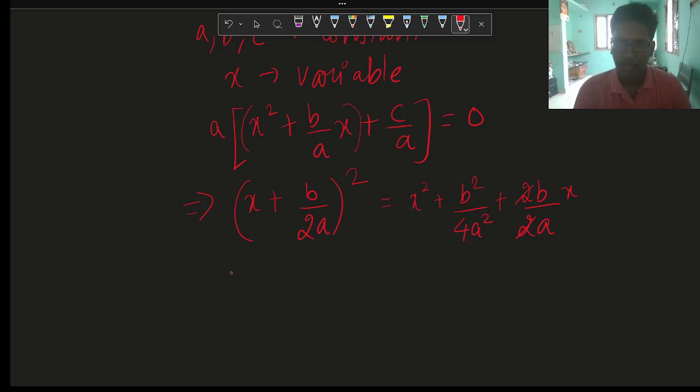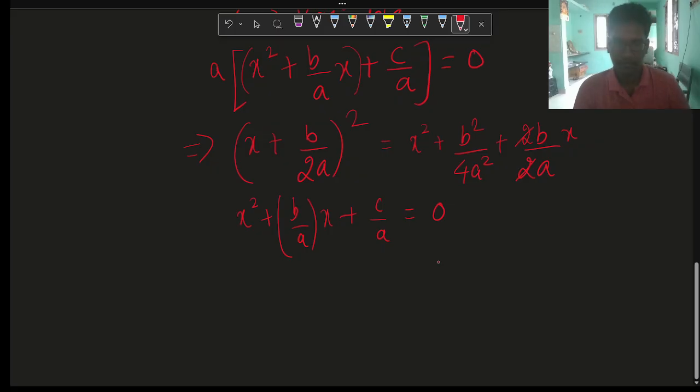That a would go to the RHS and you would get 0 by a, which is just 0. So I am rewriting the equation: x square plus b by a x plus c by a is equal to 0.